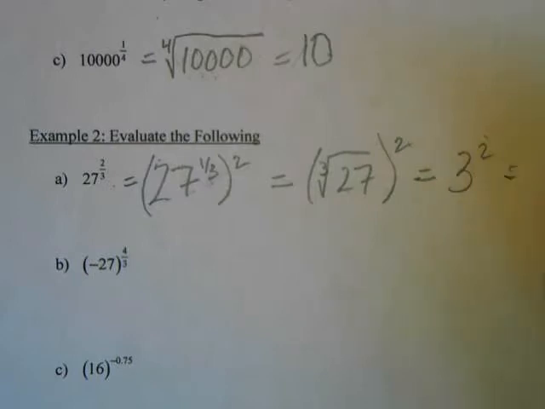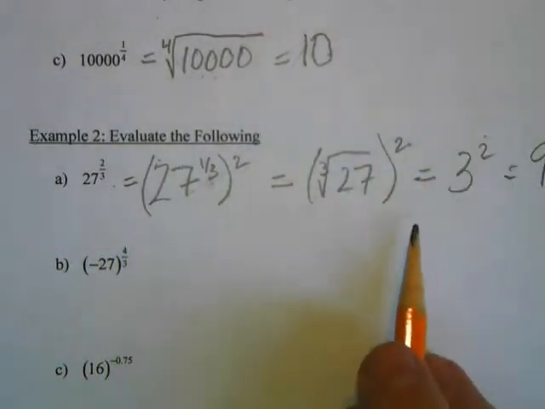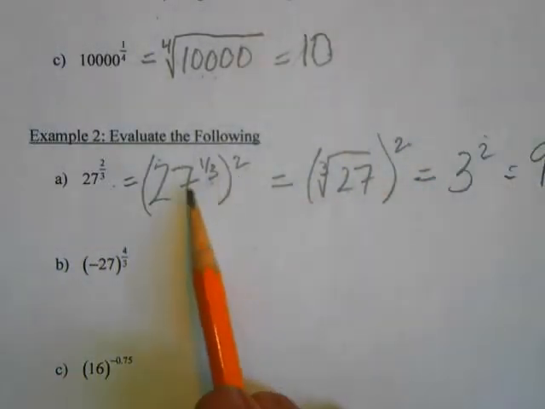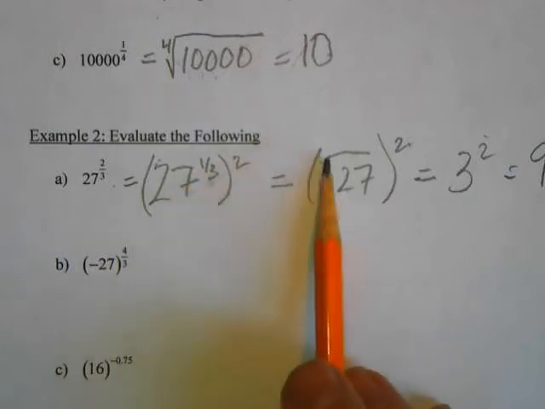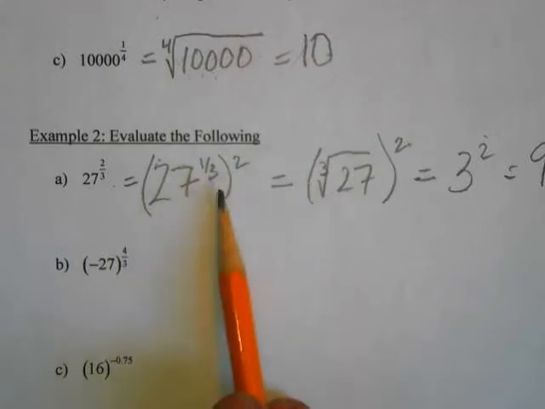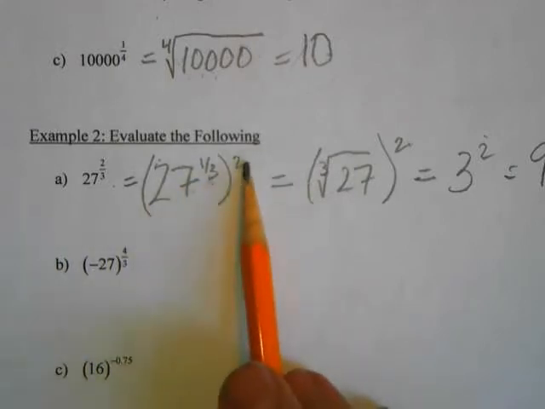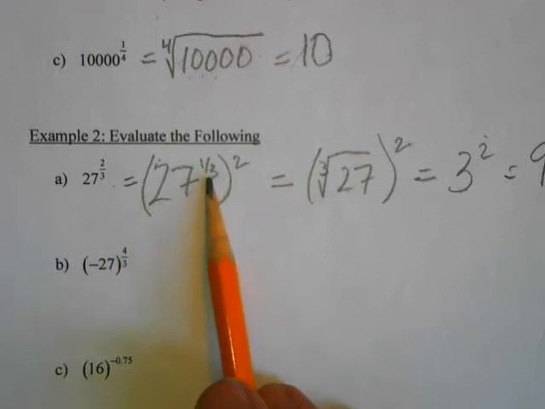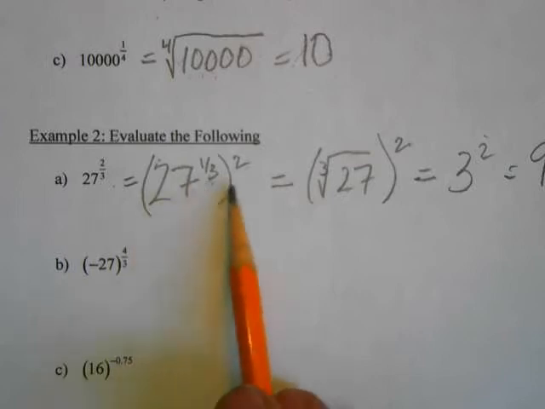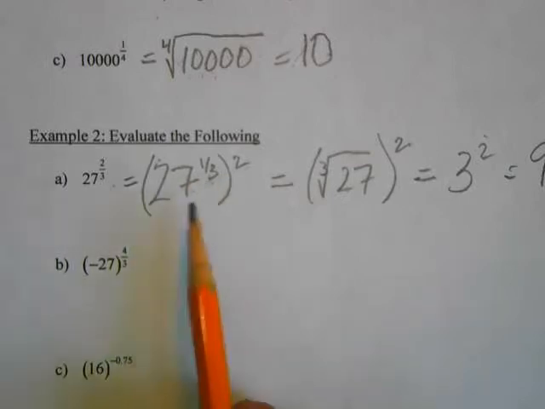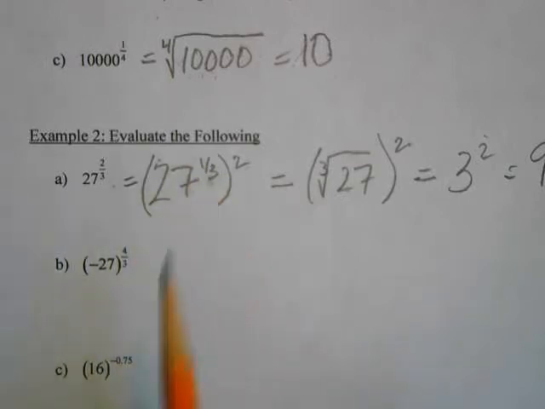So that's equal to 9. So that was definitely something I can do in my head. Whereas if I did it the other way, I'd have to do 27 squared first and then take the cube root. For both of those calculations, I would need a calculator. I have no idea what 27 squared is, and even less idea what the cube root of that number would be. So it's always good to do the denominator part first.